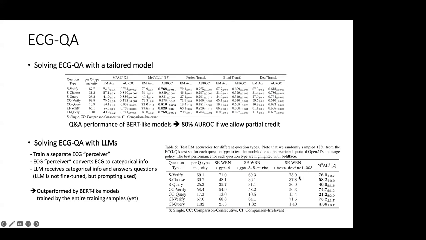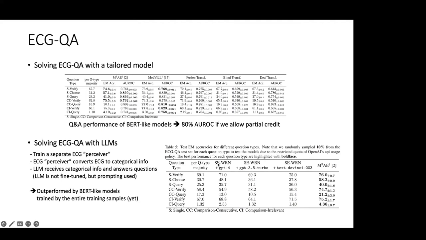Compared to here, using GPT-4 with something called SERWRN, this is the ECG perceiver, ECG perceiver with 3.5 Turbo, ECG perceiver with text-davinci-003, they're overall underperforming compared to this one, which is actually trained for this. This is a custom model trained only for ECG-QA.